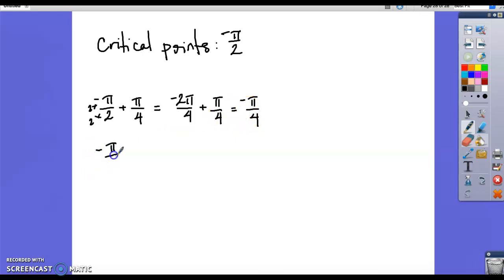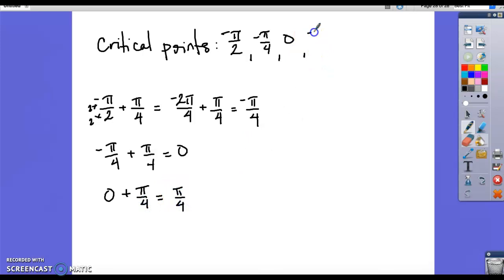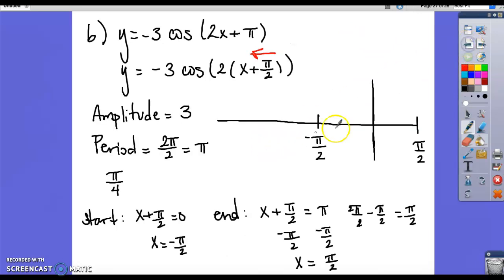Then I'm going to take negative pi over 4 plus pi over 4, which equals 0. Then 0 plus pi over 4, and pi over 4 plus pi over 4 is 2 pi over 4, which is pi over 2. So those are the critical points in that first period.